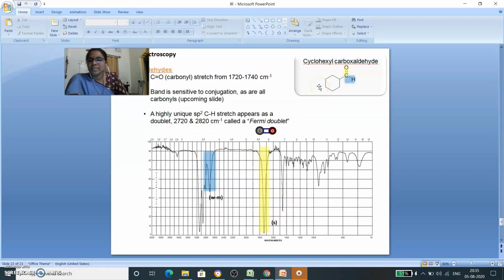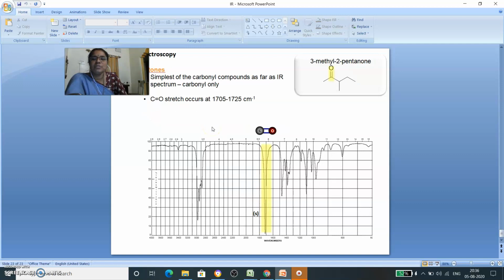Like this, one more example, cyclohexane carboxaldehyde, right? If I take alternate double bonds here, I can simply call it benzaldehyde, but here there are no double bonds, hence it is cyclohexane carboxaldehyde. Here the C double bond O group is sp2 hybridized, the CH stretching is a doublet, and it forms at 2720 to 2820.